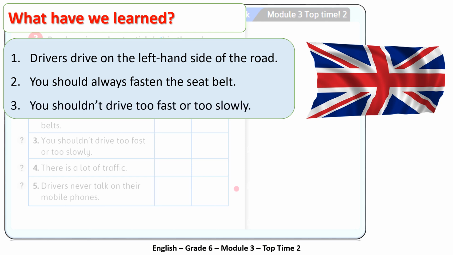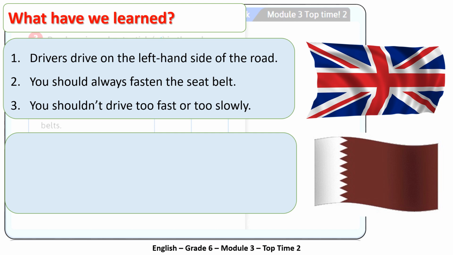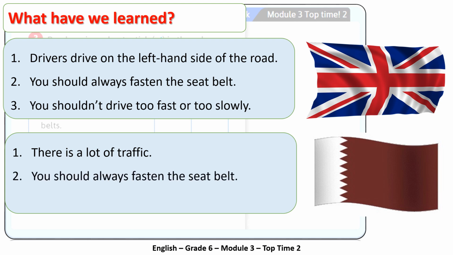Number 3, you shouldn't drive too fast or too slowly. And in Qatar, you need to know 3 pieces of information. Number 1, there is a lot of traffic. Number 2, you should always fasten the seatbelt. And the last one, you shouldn't talk on your mobile phone.